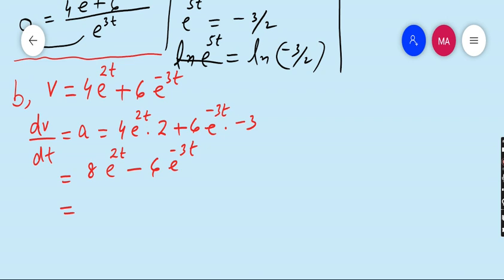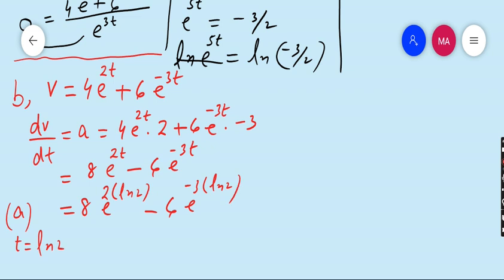So put ln 2 where you see t. We need to find the value of acceleration at t equals ln 2. So 8e^(2 ln 2) minus 6e^(-3 ln 2).